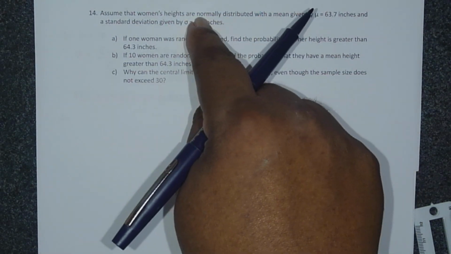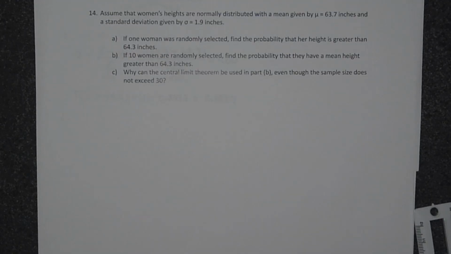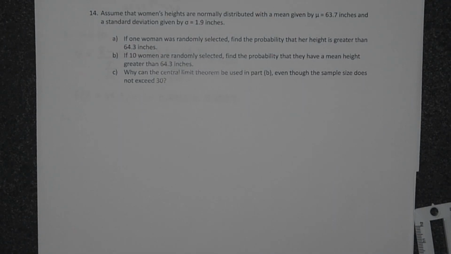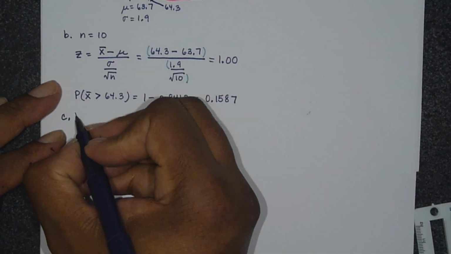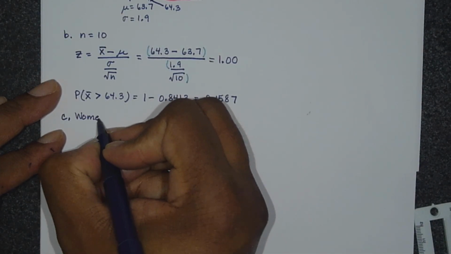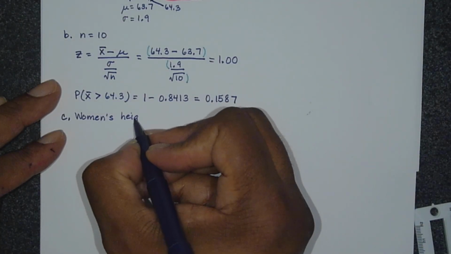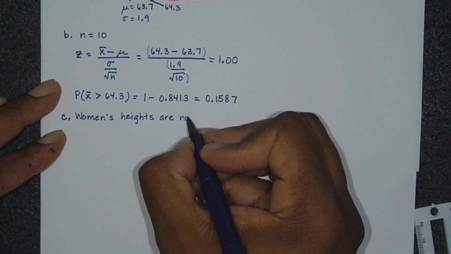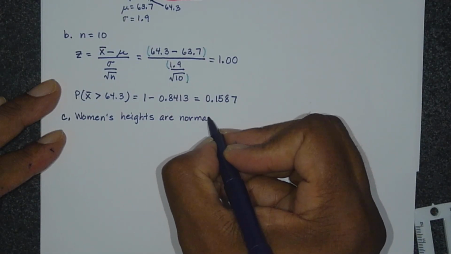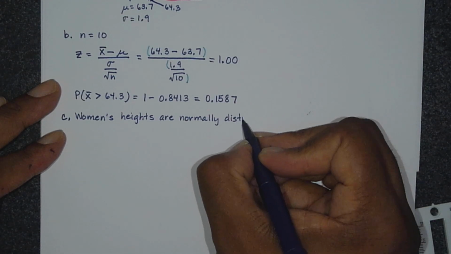You were told in this problem that the heights of women are normally distributed. So that's why we can use the central limit theorem. So we can say something like this: women's heights are normally distributed.